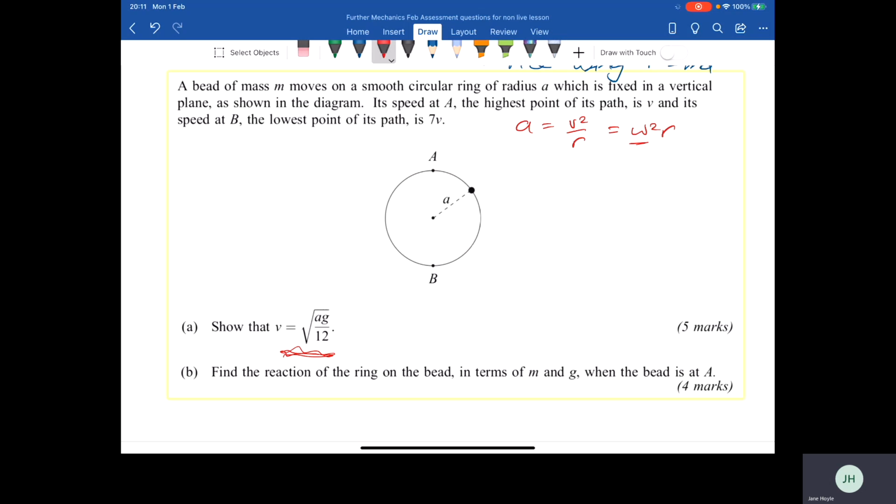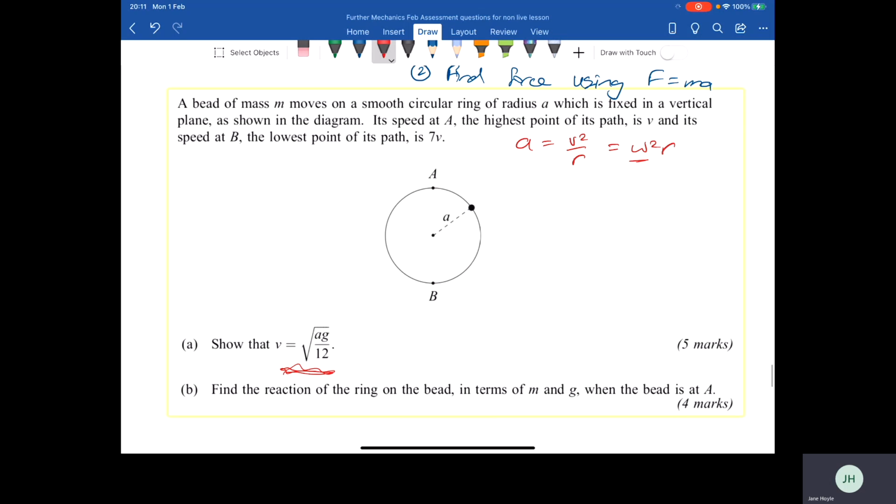I guess if you're looking at that, you're thinking, okay, well, it's an expression for v squared essentially, and you know that there's a v squared that appears in a half mv squared for kinetic energy. It is specifically talking about speed at the highest point, the speed at the lowest point.